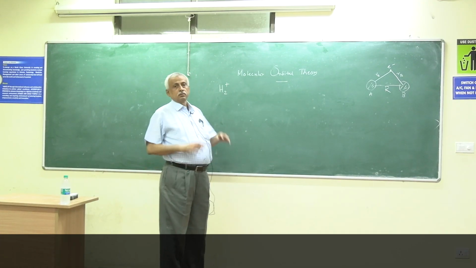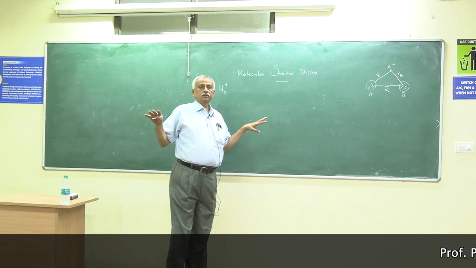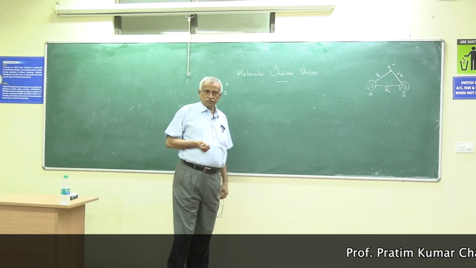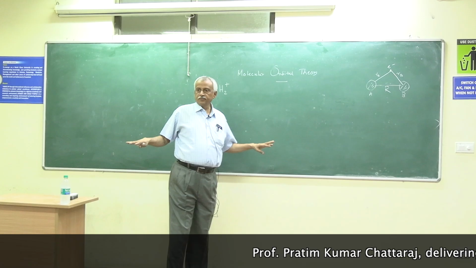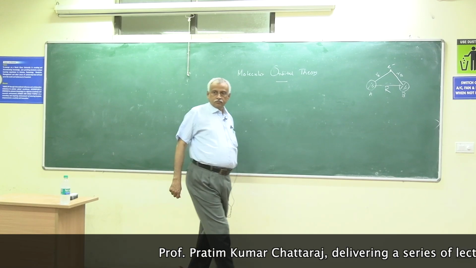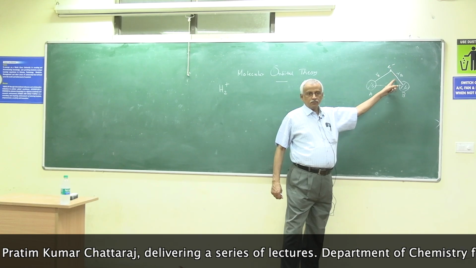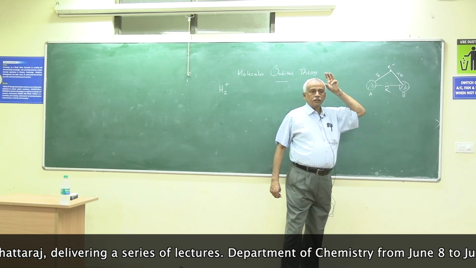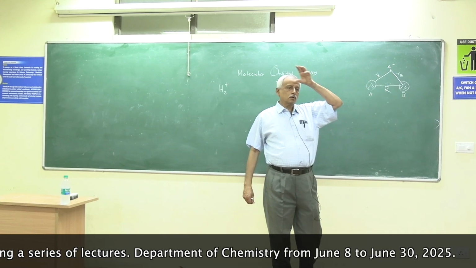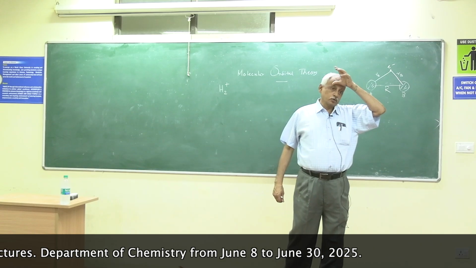So first we will consider the Born-Oppenheimer approximation, separate out the electronic mode from the nuclear mode. So we will focus only on that electron. Our job would be to find out the energy and the wave function of that particular electron in the H2 plus molecule.